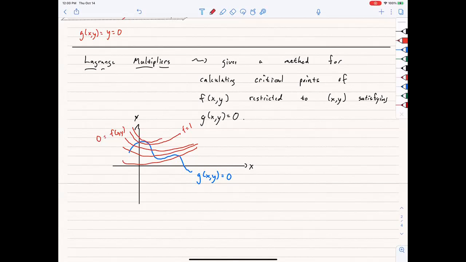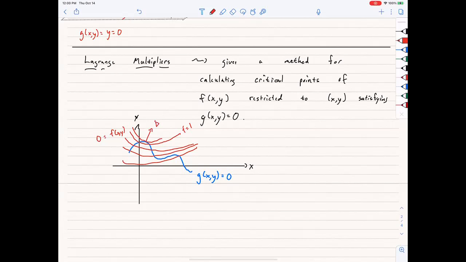But how do we express that formulaically? How do we say these two curves are tangent to each other? Well, we remember the kind of information our gradient tells us. One of the things the gradient is, it's normal to the tangent line of your level curve. So if I look at the gradient of f, I get a gradient going like this at that point.